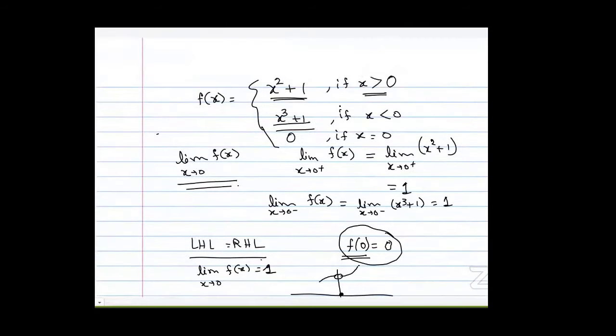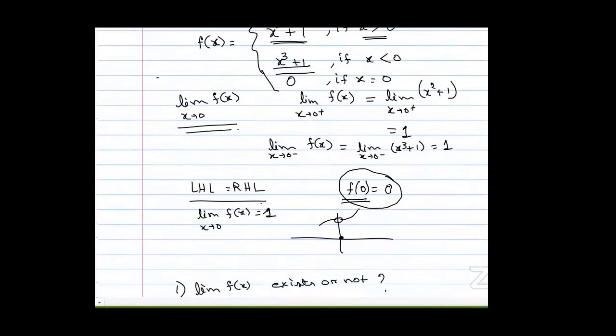Okay. So observe that the right hand limit and left hand limit both are 1. This is clear, right? Yeah, that is clear. So as we are approaching 0 from the left side or right side, we are approaching 1. But at x equal to 0, this function is strictly defined as 0, not as 1. So at that point, there is a gap in the curve, because at 0 the functional value is 0.